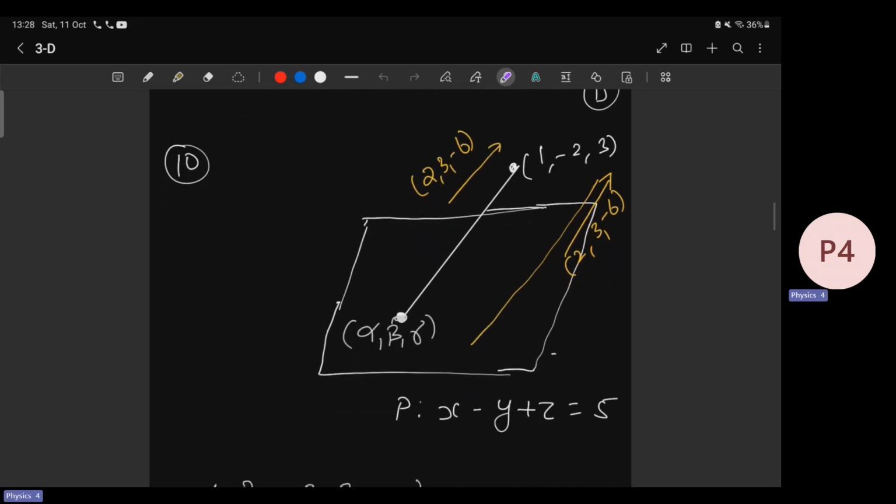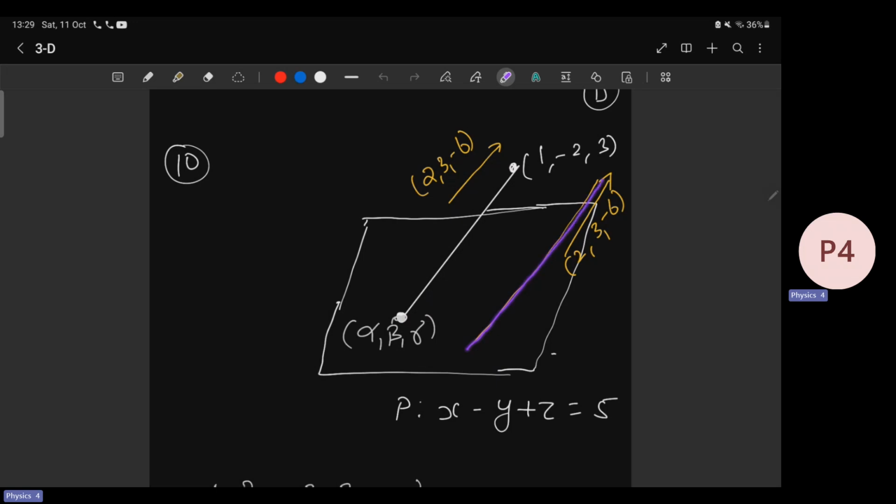In question number 10, the distance of the point (1, -2, 3) from the plane P, that is x minus y plus z, this is the plane, and we have to find the distance of this plane from this point, and the distance is measured parallel to the line.